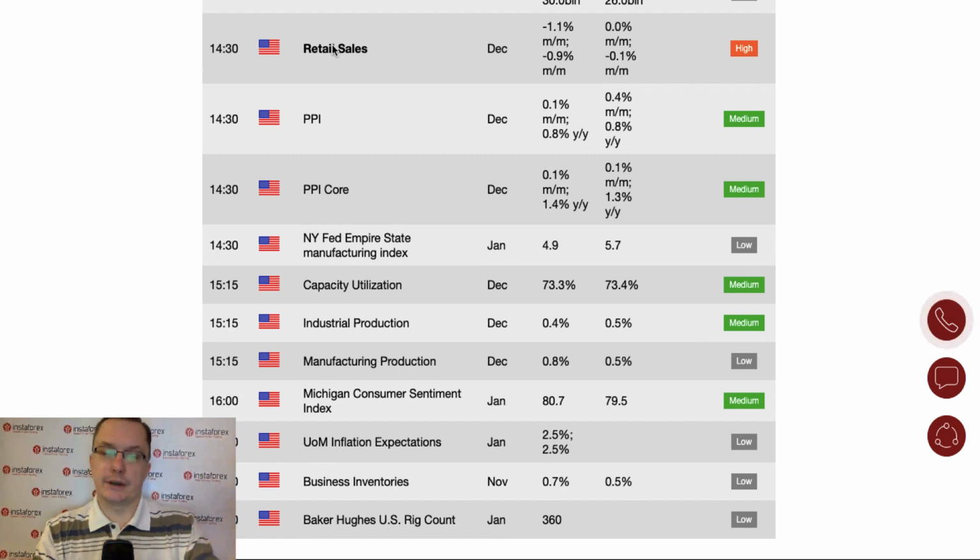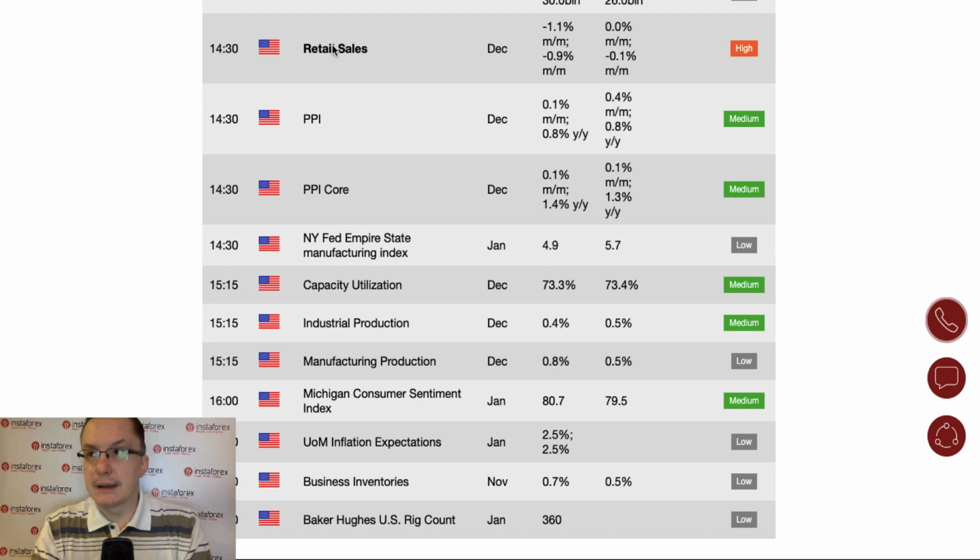There's hope for a better future because people are buying, the consumers are spending the money, so retail sales are growing. Sometimes they grow very dynamically, sometimes less dynamically, but I think it should be better than expected 0%. Any positive number is good for the dollar, and the US dollar might continue the bounce. So we should take a look at the US dollar as well, and we should take a look at the US dollar to the Swiss franc.